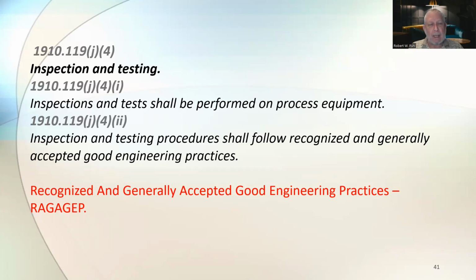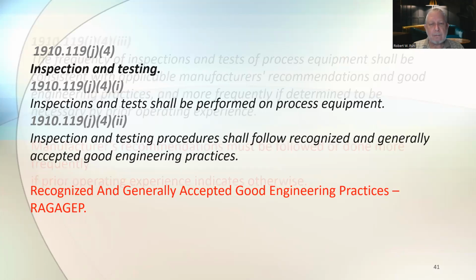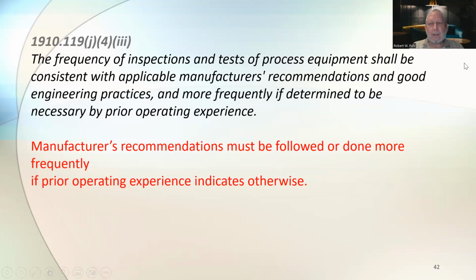So mainly your testing procedures and inspections are probably going to come from your owner's manual or your manufacturer's instructions or manufacturer's recommendations. Manufacturer's recommendations, you can and will be cited if you don't follow them. The frequency of inspections and tests of process equipment shall be consistent with applicable manufacturer's recommendations and good engineering practices, and more frequently if determined to be necessary by prior operating experience.